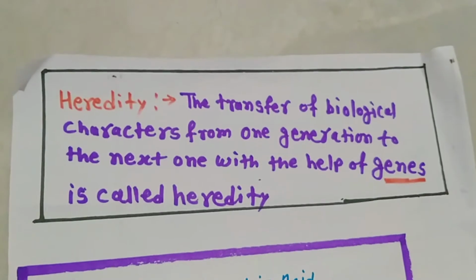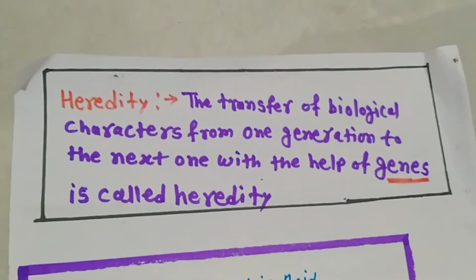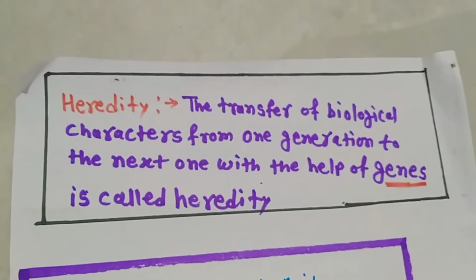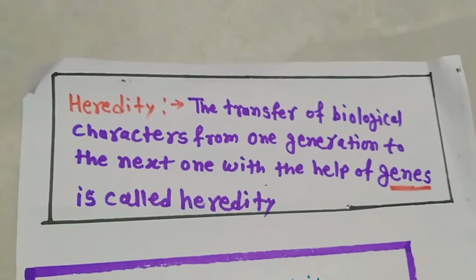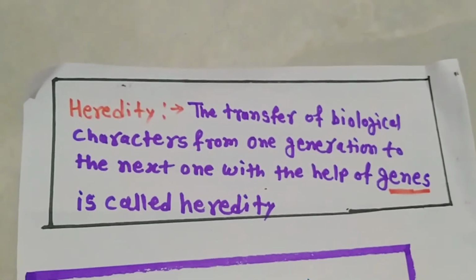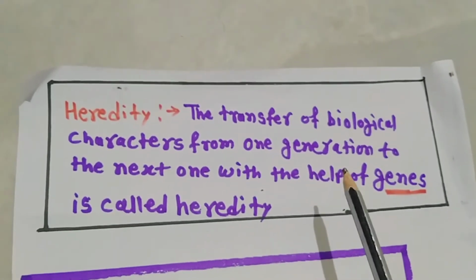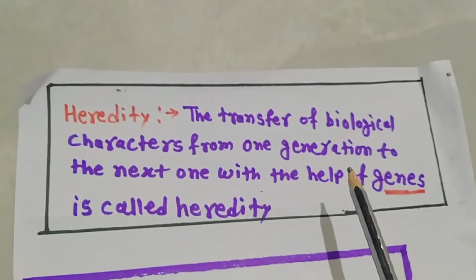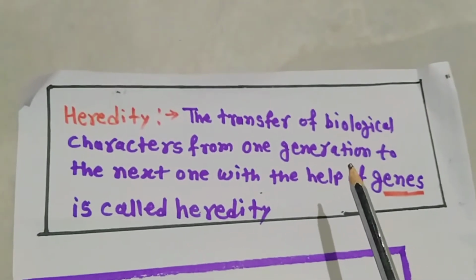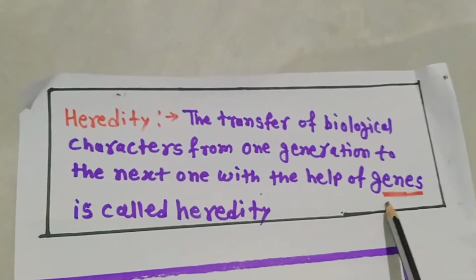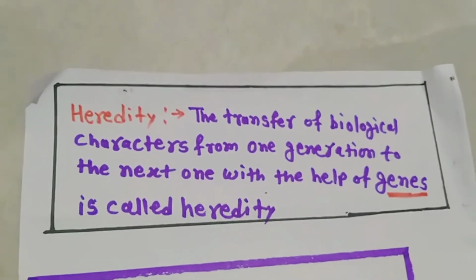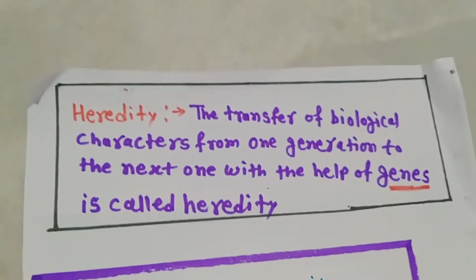By the help of the genes, the characters of the father or the mother are transferred to the son or daughter, the next generation, and this transfer of characters with the help of genes is called heredity.